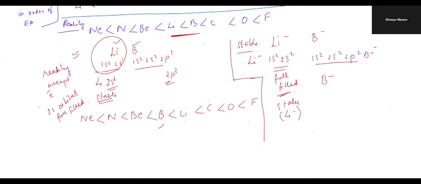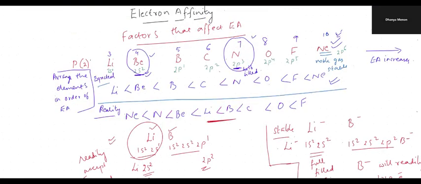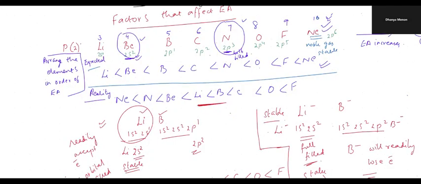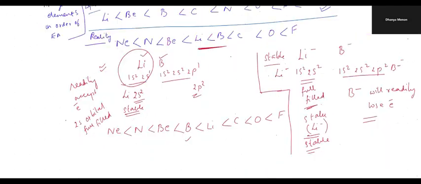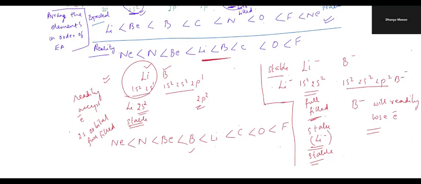So B minus will readily lose an electron because lithium minus is already very stable. It will not like to lose that stable condition. These kinds of questions are very common in competitive exams. I hope this is clear, and you understood why we wrote the order, and about lithium and boron.